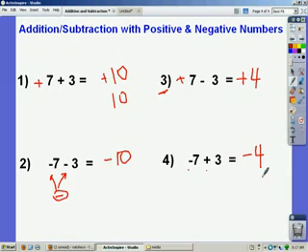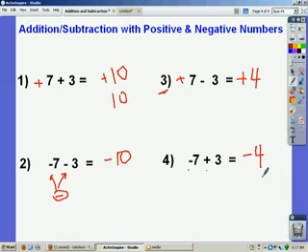Okay, number 4 is a little different because it's the negative 7 that's the bigger number. So anyway, the first question is, are they on the same team? No, they're not on the same team. Different signs. Who's going to be the winning side? The winning side is going to be negative, because 7 is bigger than 3. So the answer is negative.